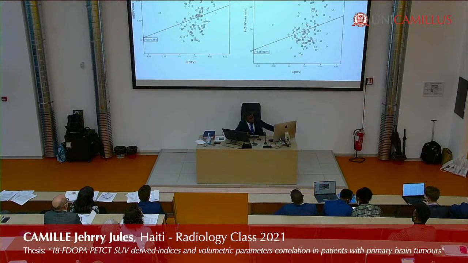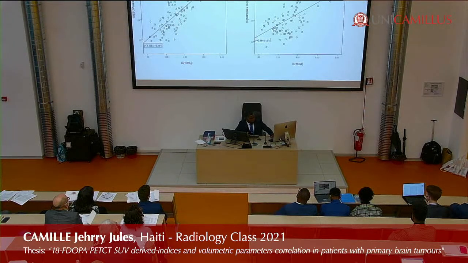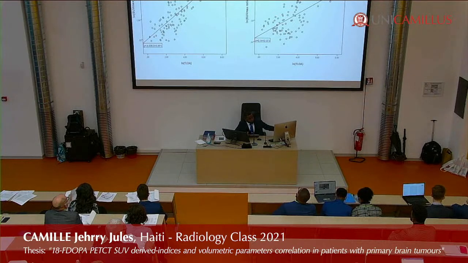Also, SUVmax ratio is positively correlated with the dopaminergic tumor volume, with beta equal to 0.80 and P equal to 0.011. Also, there is a correlation of SUVmax and SUVmax ratio with total lesion F-DOPA activity.